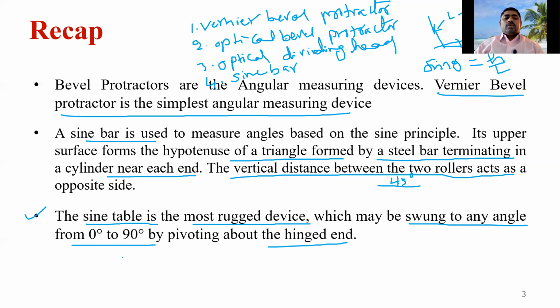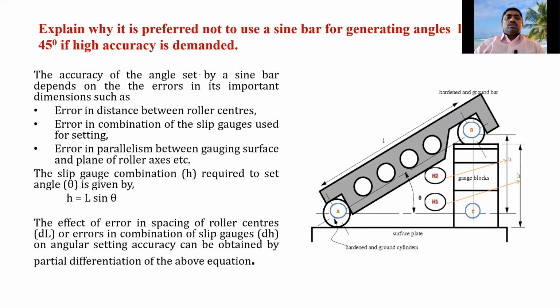There may be a compound sine table that can tilt from two reference planes. That is called compound sine table. So up to this we have discussed in lecture 4, and this is today's lecture.